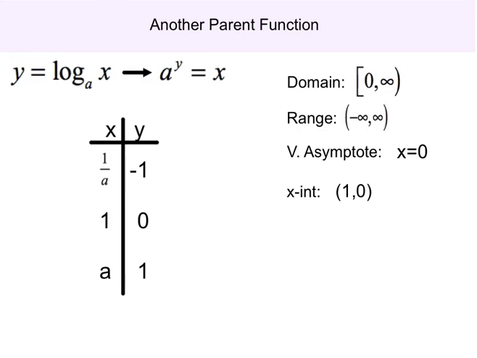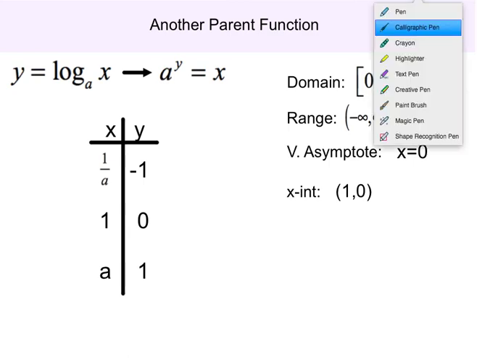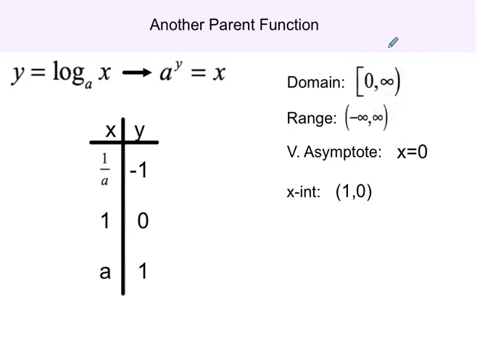Now, we have another parent function. It is a logarithmic function. And again, I want you to make sure that you are always graphing at least 3 points. So you'll notice that it's just flipped from what the exponential graph was. My domain I have to fix. This should be a curved parenthesis.